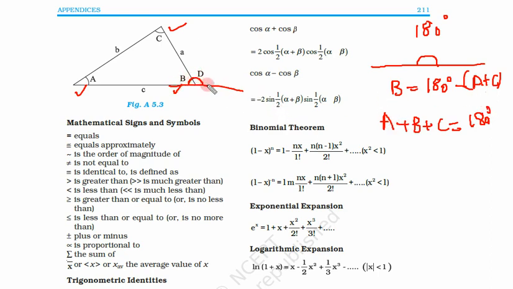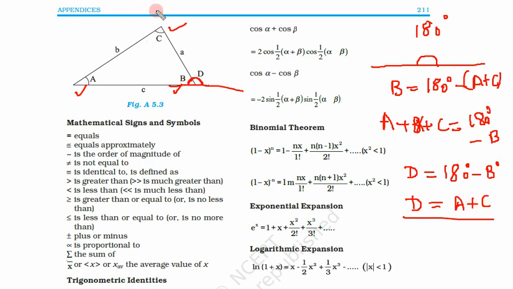So how can I get this angle D? The total angle is 180 degrees and I am removing angle B, so 180 minus B is equal to D. And that is equal to A plus C. So we get D is equal to A plus C.